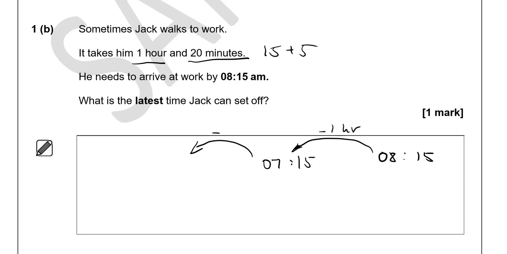So taking away 15, we go to 7 o'clock. And taking away just 5 minutes, we go to 6:55. And that's the latest time Jack can set off.